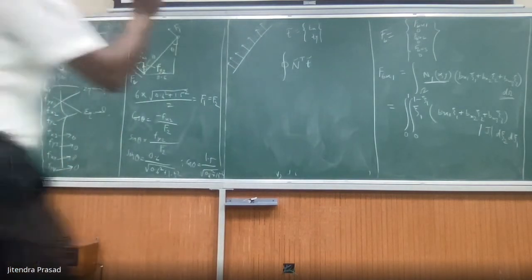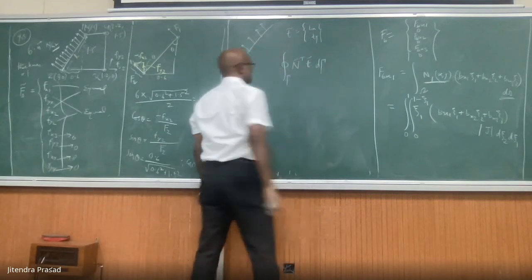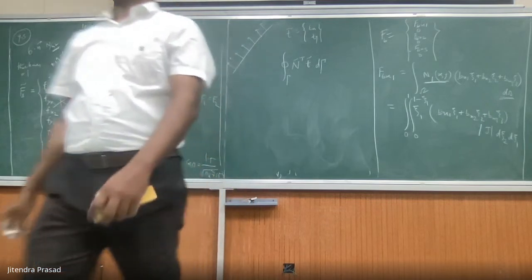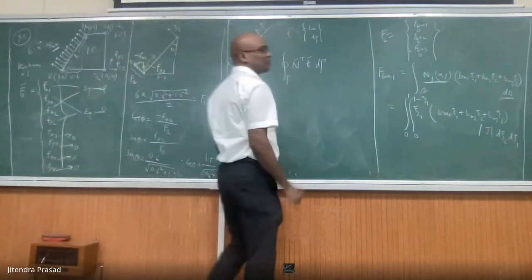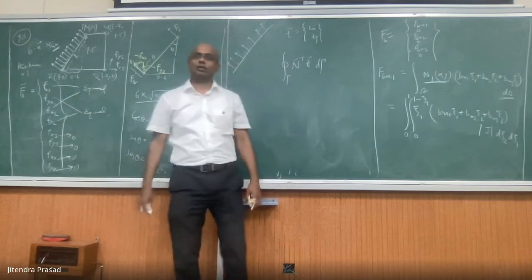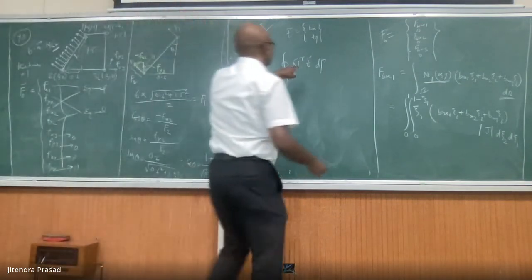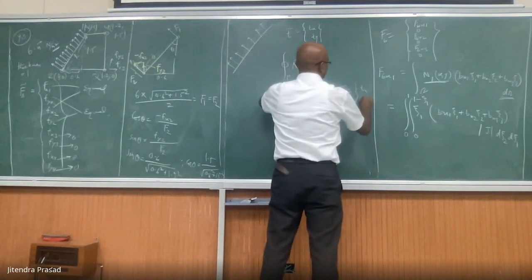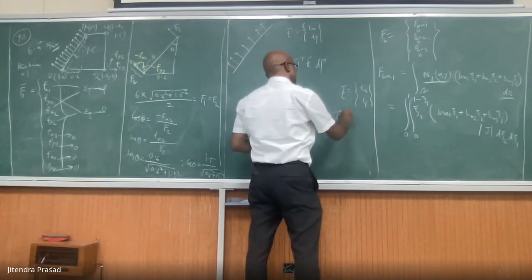Basically, instead of B, you have T here. T itself will have Tx and Ty, and T dot N is already taken care of.